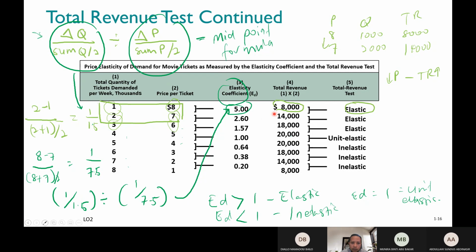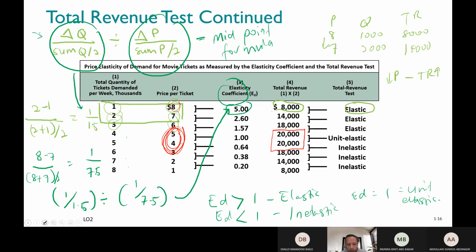But if you look at the data, basically you would then settle the price of the ticket to either 5 or 4. So you can choose either 5 or 4 in order to get the best revenue, right? So if you go further down, then you would make some losses. But if you sell too high, like at 8, you only get 8,000. So you have to decide what is actually the best price for your product, right?